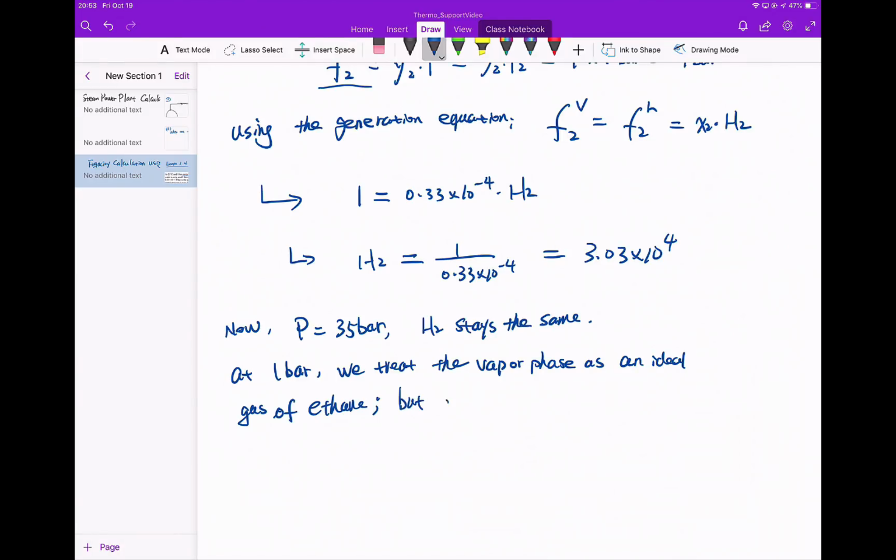But at this 35 bar, the vapor phase can still be treated as the pure component 2, but we cannot treat it as an ideal gas.